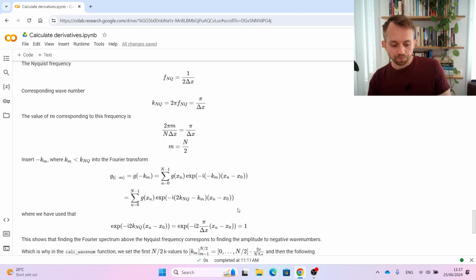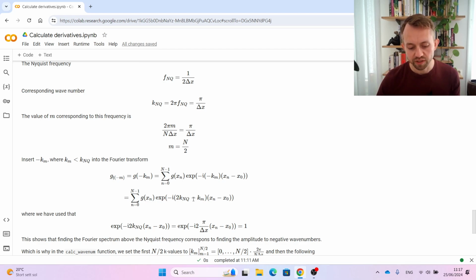Which means that the Fourier component of this wave number here, which is above the Nyquist wave number but not as high as 2 times that, is exactly the same as the component for a negative wave number.